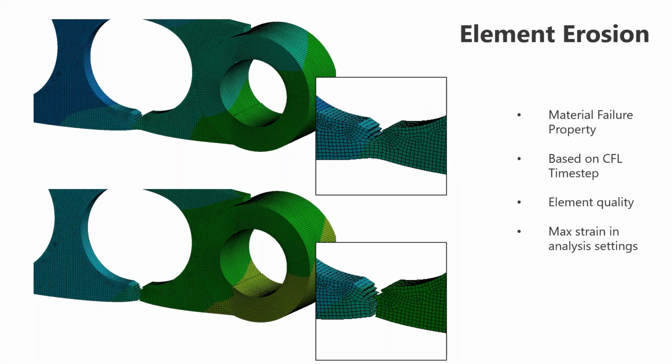Now, one of the positive aspects of simulating using explicit dynamics is you get to leverage element erosion, sometimes called element failure, element deletion, what have you. Essentially, when your elements hit some limit criteria, whether it be limit strain or element quality, such as a minimum Jacobian, you can have that element simply delete, and that can simulate failure in materials really, really well.